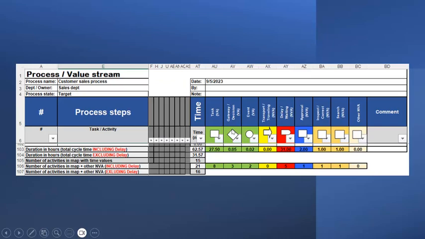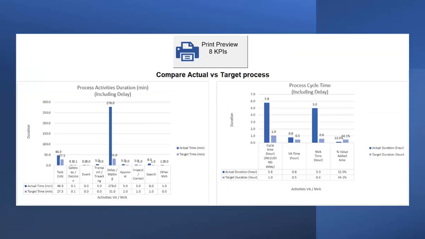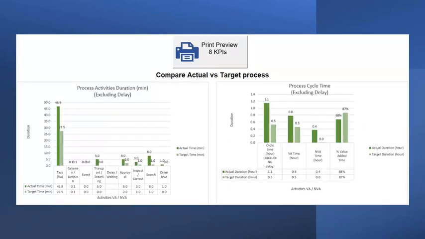Now, this is the idea, and at the end of the target, you're going to see the total. Again we come back to the analysis table, which we've reviewed before: 7 hours per day, 5 days per week, and we want the cycle an hour. Then you've got the 2 sheets that I showed you before.